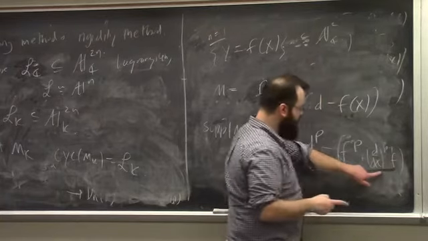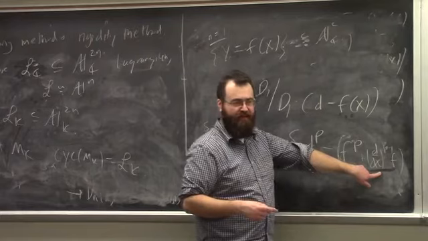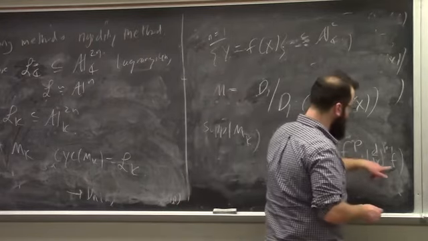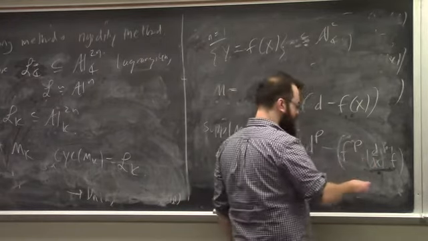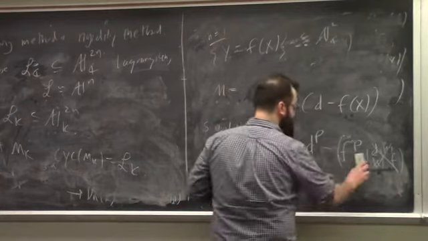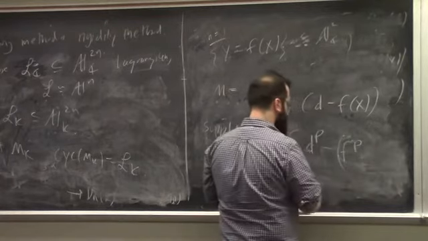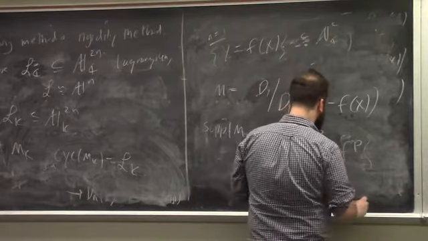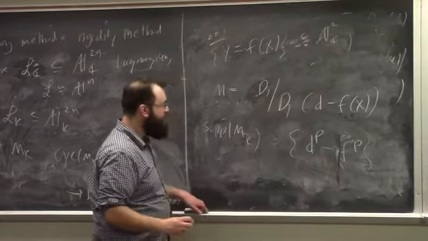And this part was 0 as long as p is large enough, since it's p derivatives of some polynomial. So I'll just write this as d to the p minus f to the p.